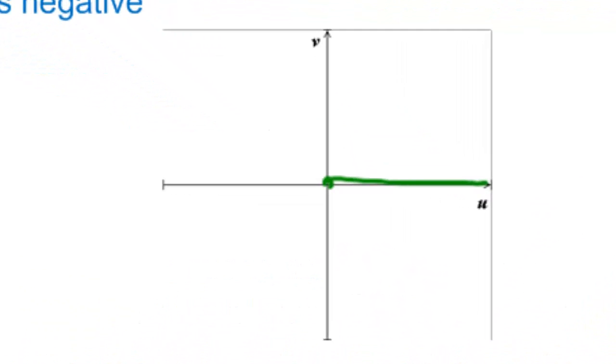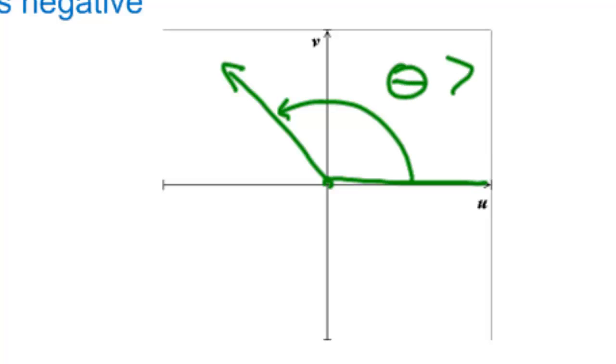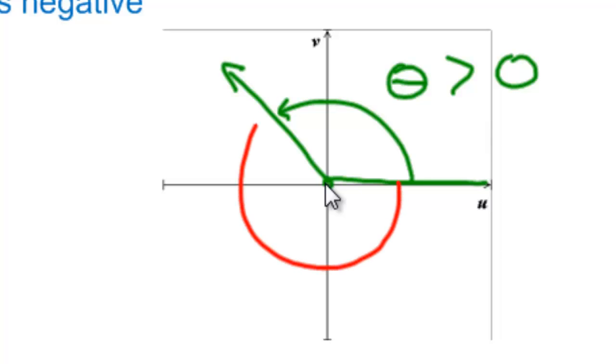So if I put the terminal side out here in the second quadrant, we'll have a positive angle if we start from the initial side and end up in that second quadrant. Theta will be greater than 0. If I measure clockwise from the horizontal axis, the angle measure would be negative. So if I started again from the positive horizontal axis and measured clockwise, theta would be less than 0.